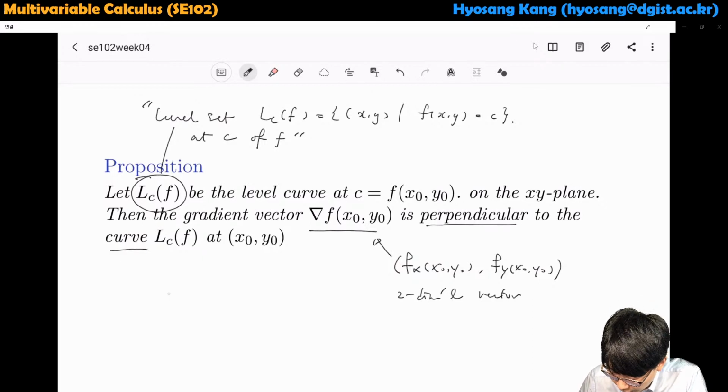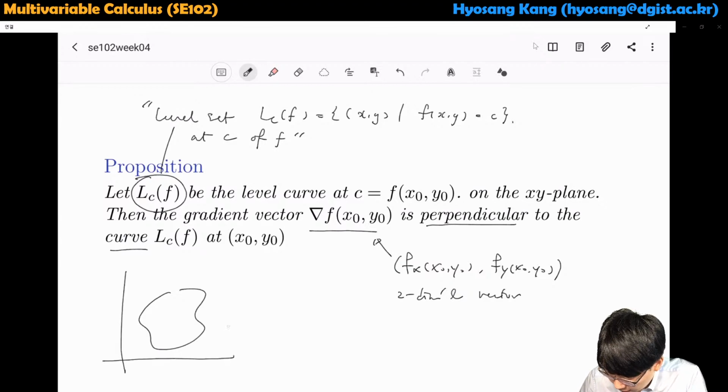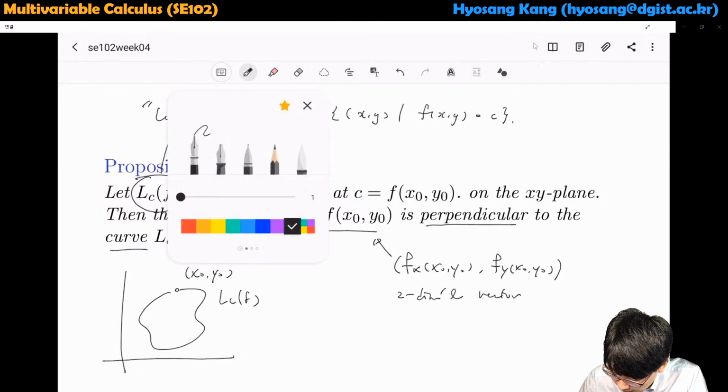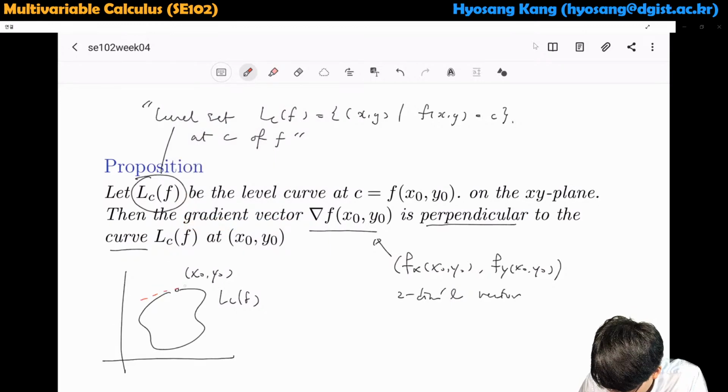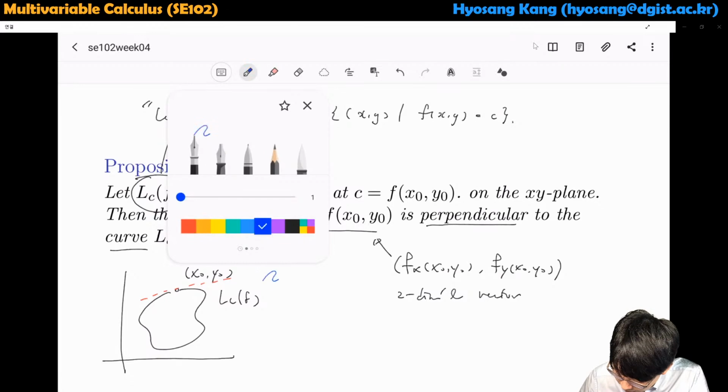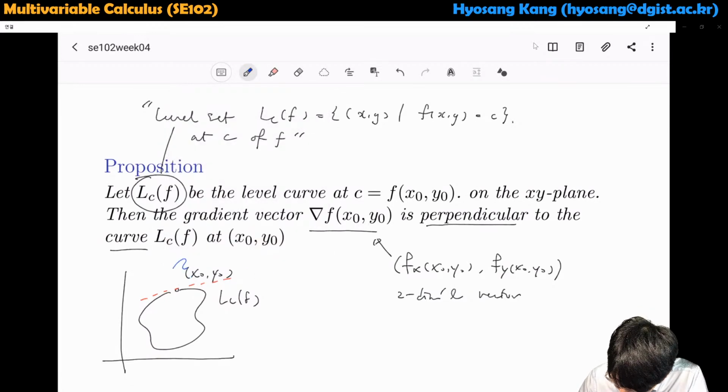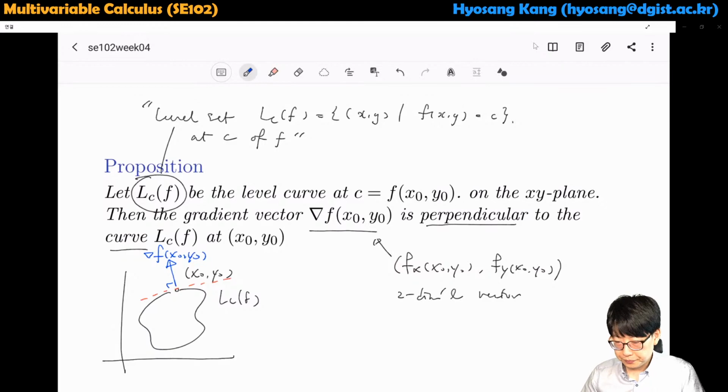For example, we have a level curve inside the two-dimensional plane. Let's say we have a point x0 y0, and we can think about the tangent line on this curve. The gradient vector at this point is always perpendicular to this tangent line, this gradient of f at (x0, y0).